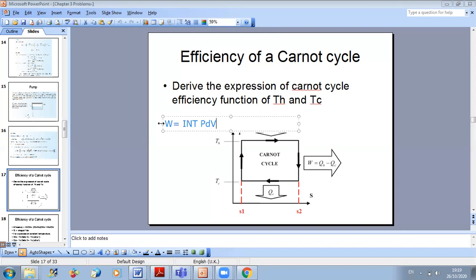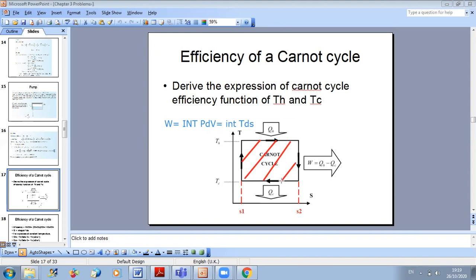Another possibility to calculate the work is the integral of TdS. This is another formula which allows us to calculate the work of a cycle, and it represents the area under the TS graph. If I draw T as a function of S, the area limited by the curve will represent the work.